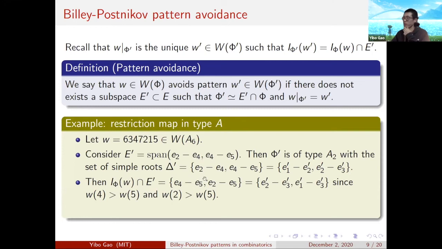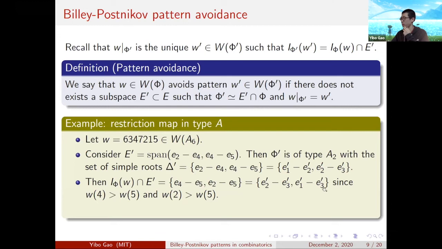But 3 is smaller than 7, so E2 minus E4 is not in my inversion set. Then I check whether E4 minus E5 is in the inversion set. Because 7 is greater than 2, E4 minus E5 is in my inversion set. I also have E2 minus E5 because 3 is greater than 2.